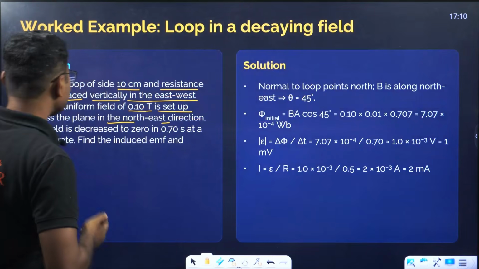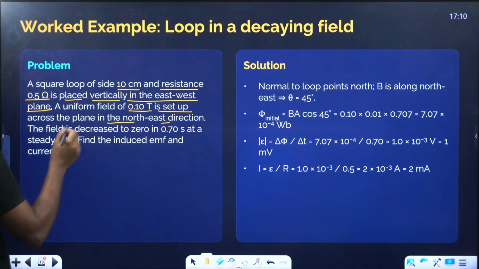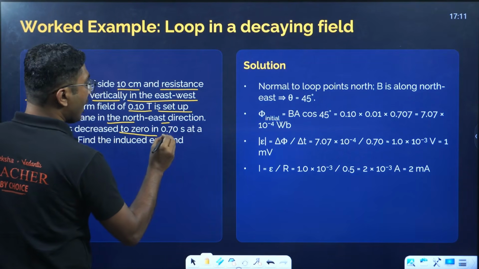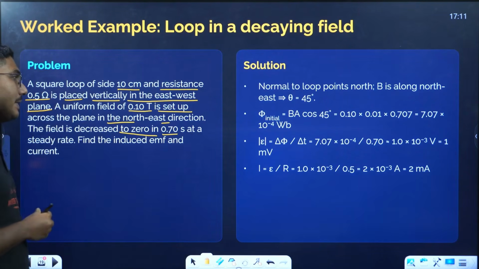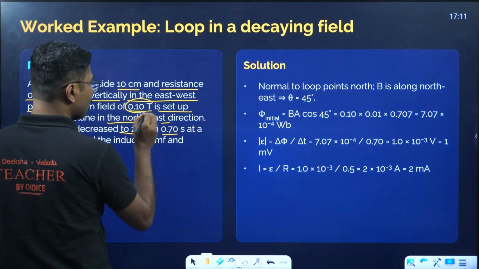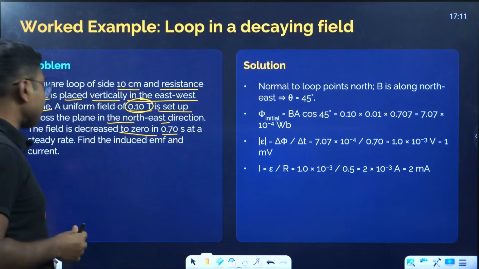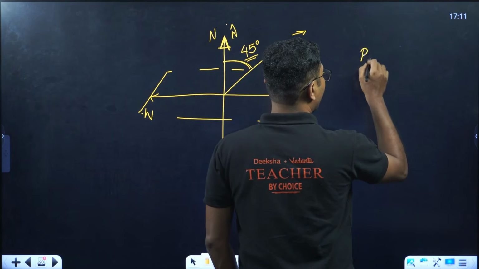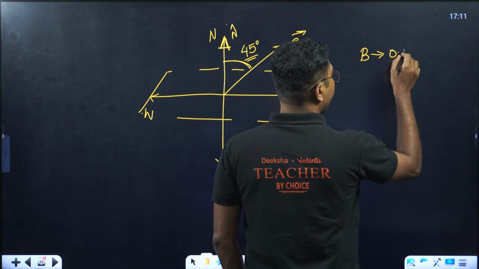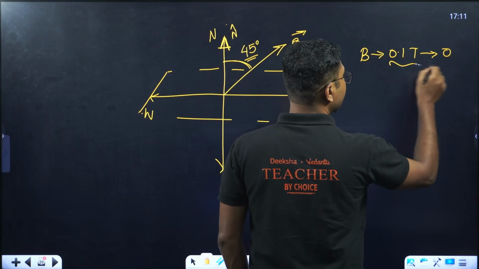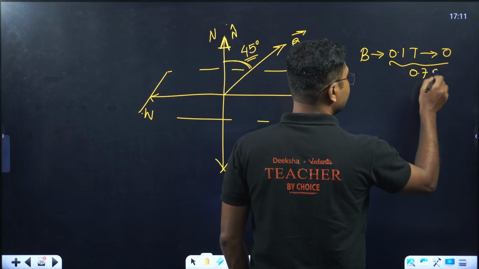Now what else is given in this question? That the magnetic field decreases to 0 in 0.7 seconds. The initial value was 0.10 Tesla. So the magnetic field changes from 0.10 Tesla to 0 in 0.7 seconds.